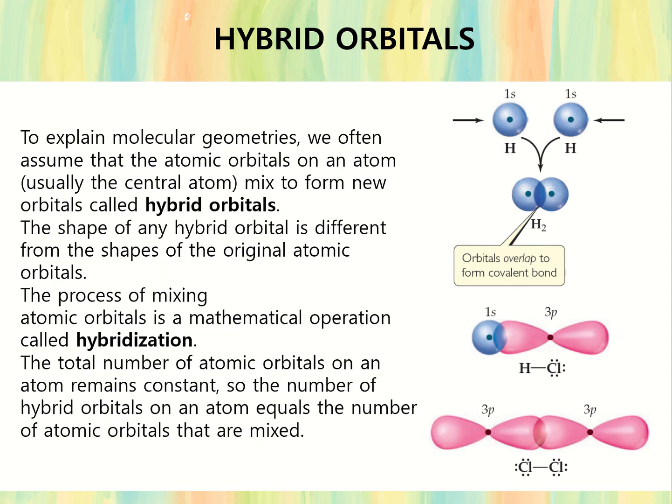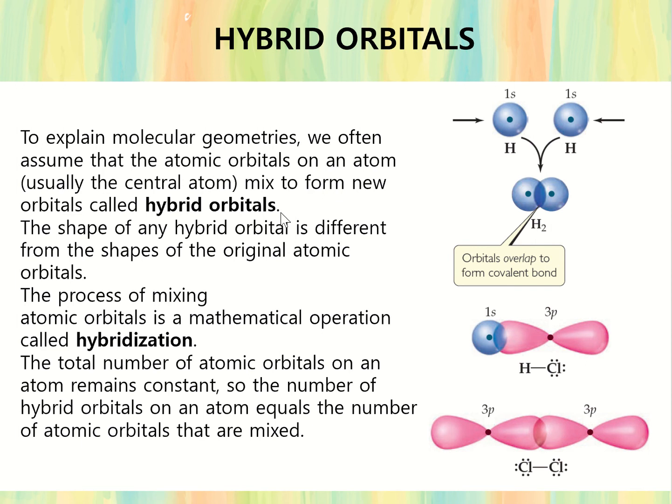To explain these molecular geometries, we often assume that the atomic orbitals on an atom, usually the central atom, mix to form new orbitals called hybrid orbitals.